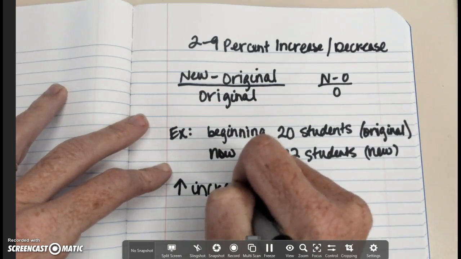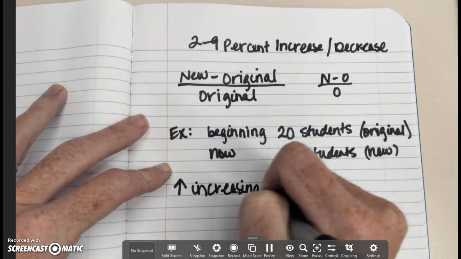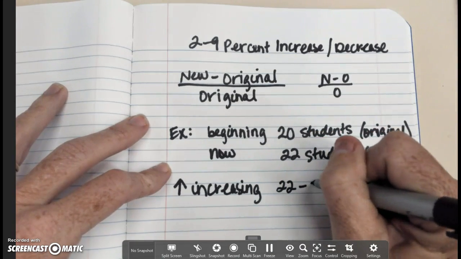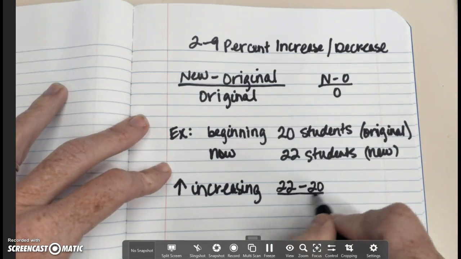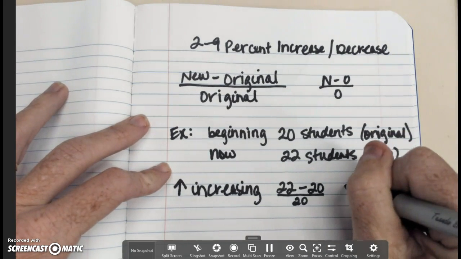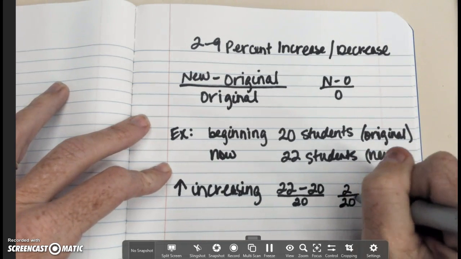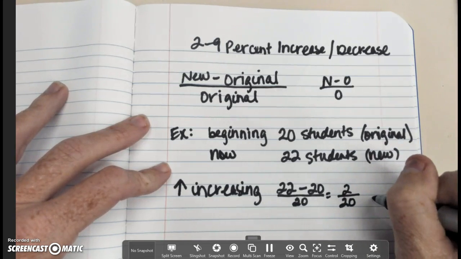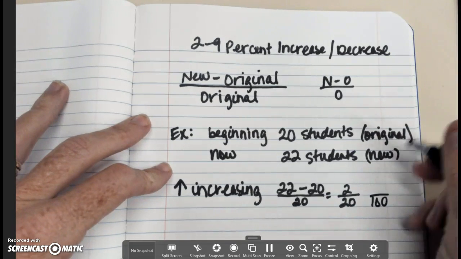So now we just need to find our percentage that we're increasing by. So our new amount is 22, and our original amount was 20. So 22 minus 20 is 2, divided by 20. Since I'm finding a percent, I'm going to make it easy on myself. Put this over 100.